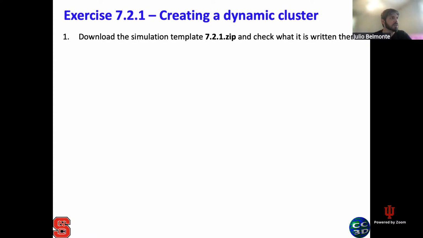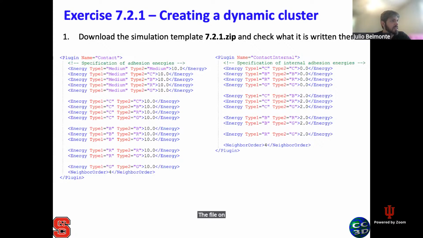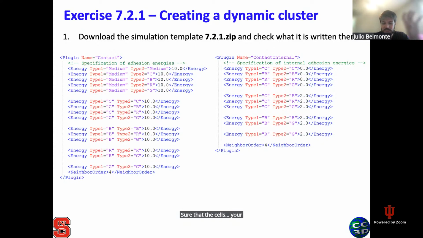So if you have all downloaded this file, unzipped it and opened the folder and the file, you may see that you have, as expected, contact and contact internal plugins. And you may notice that we are using the rule of thumb that we discussed last time, that the contact energies are usually higher than the internal contact energies. Remember, that's necessary to make sure that your compartmentalized cells have some integrity.